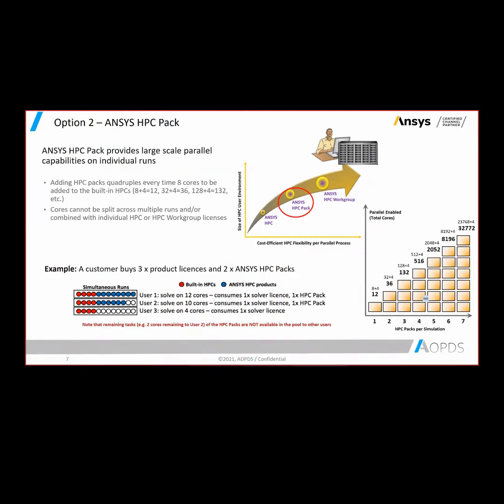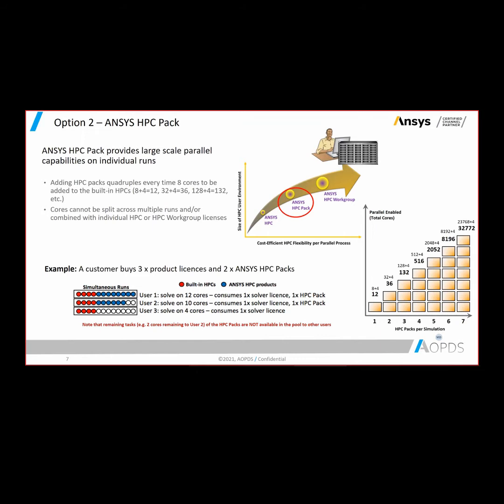And the second option is Ansys HPC Pack, which provides large-scale parallel capabilities on individual runs. If you see this chart on the bottom right, it says that adding each HPC Pack quadruples the cores added to the built-in default 4 cores.